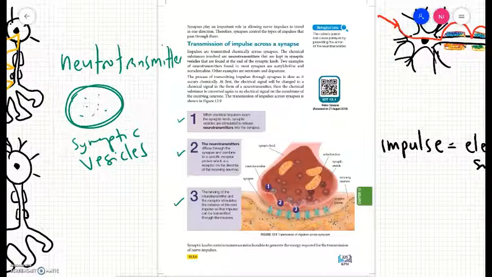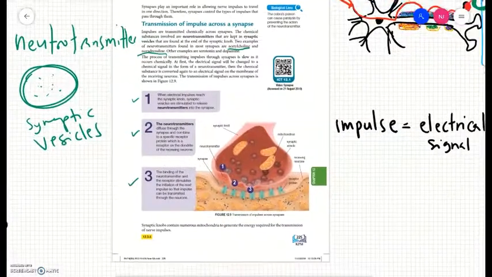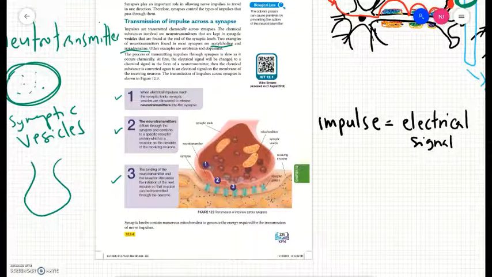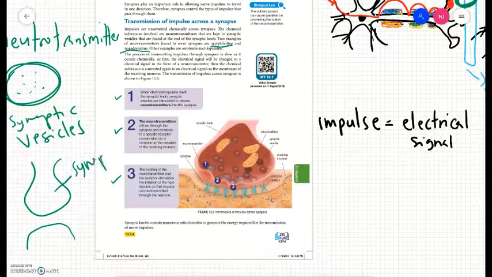The two most found in our body are noradrenaline and also acetylcholine. Okay, so imagine tadi sekarang kita berada di synaptic knob, yang ini pula hujung dendrit.